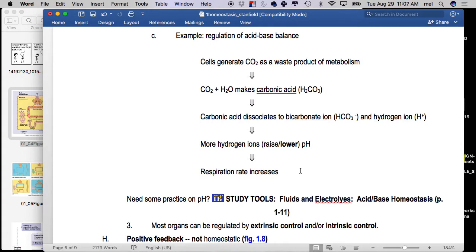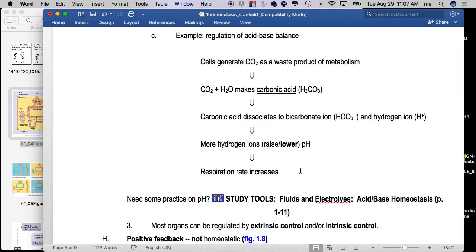Now let's get to how this is an intrinsic regulation issue. As soon as your gas levels start to change and your pH levels start to change, without even telling the nervous system or the endocrine system, as that blood with a lower pH and a higher carbon dioxide level goes through the lungs, it will immediately trigger an increase in respiration. Do you see? And what will that increase in respiration do?